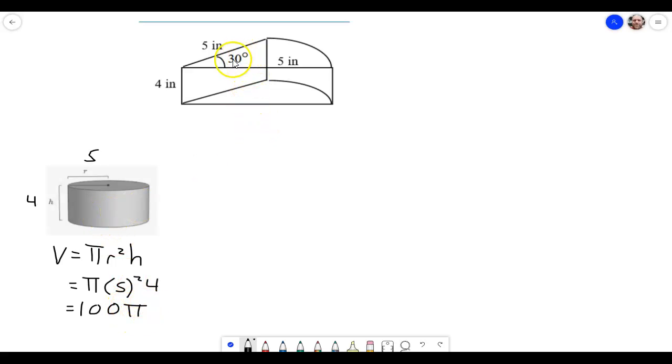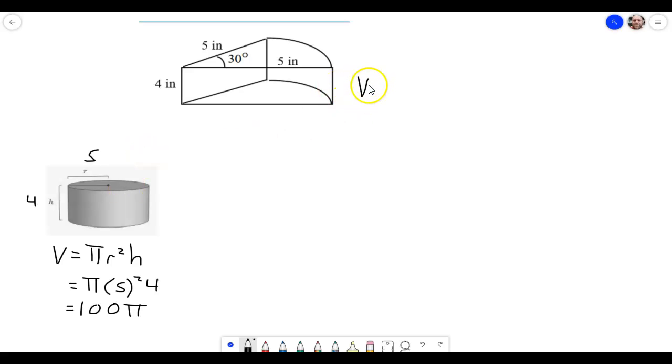But remember, this is only a fraction of that cylinder. It's just like one piece of the pie. If this was the entire pie, this would just be one piece. An entire cylinder goes around an entire circle, so it's 360 degrees, and this is only 30 degrees. So the fraction of it is 30 divided by 360.